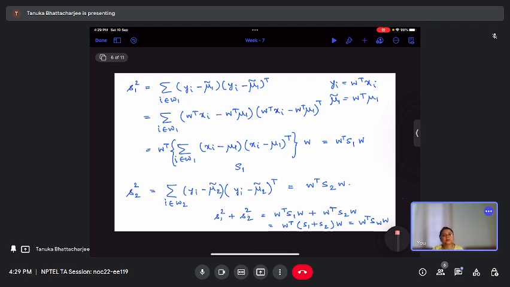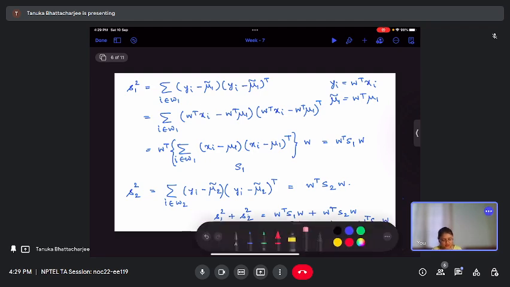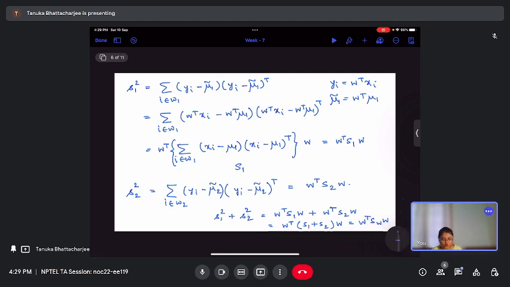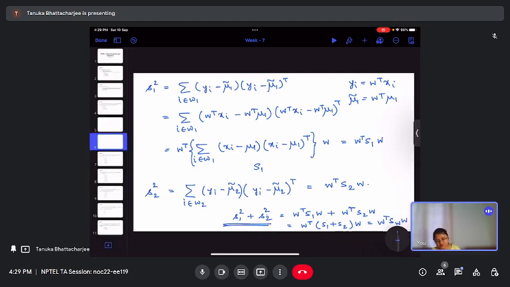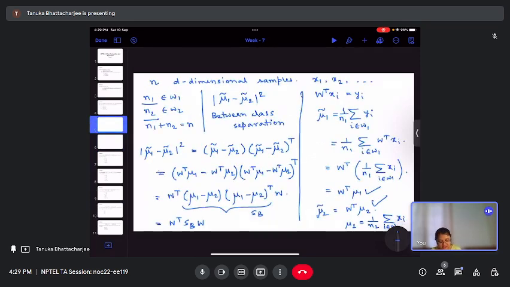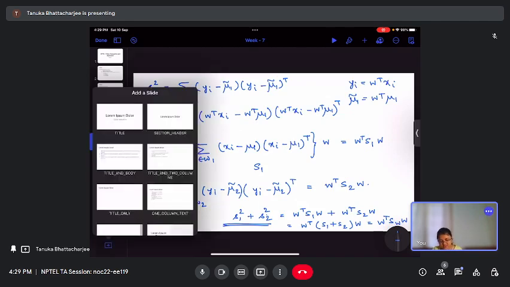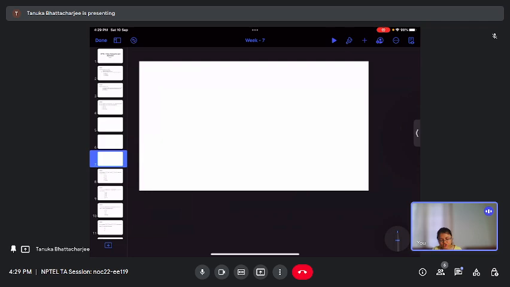So, this projected intra-class scatter, S1 square plus S2 square, we want to minimize, whereas this inter-class scatter we want to maximize. So, we can formulate this as an optimization problem.